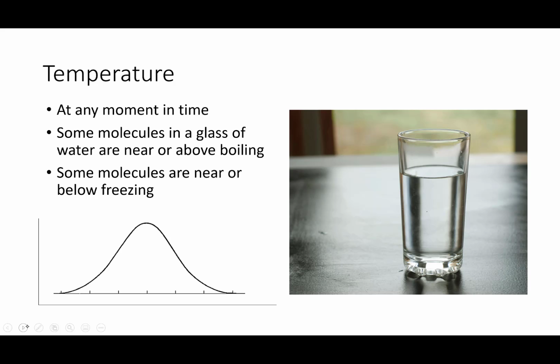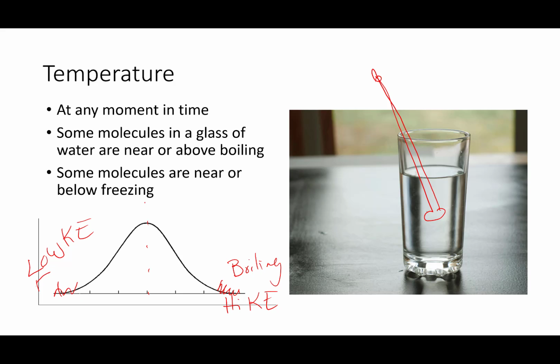So what that means is that if you take the temperature of a glass of water at any moment in time, some molecules are going to have a high kinetic energy and be really, really close to boiling. And some molecules in that glass of water are going to have a very low kinetic energy and be very close to freezing.